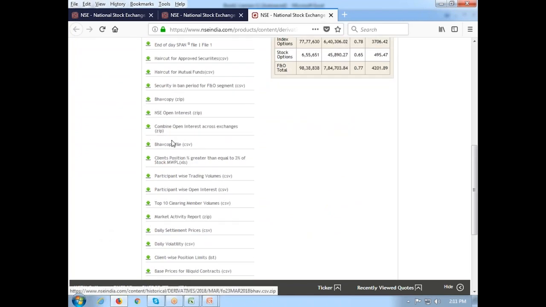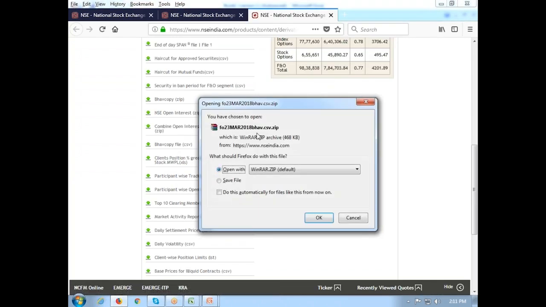The subject of our discussion is bhav copy CSV. You go to this data and you click on bhav copy CSV. It will show you FO 23 March 2018 bhav copy CSV zip file. FO means futures and options. 23rd March is the latest bhav copy, which is yesterday.